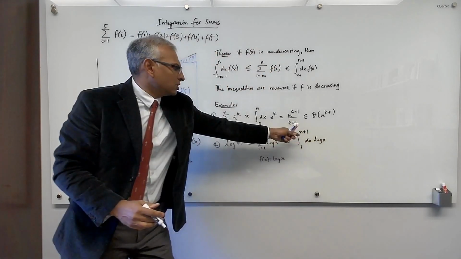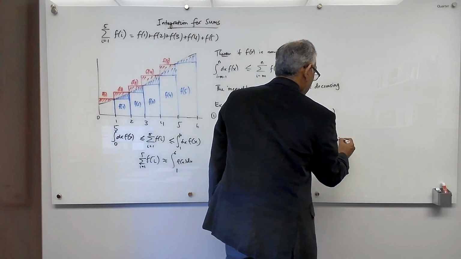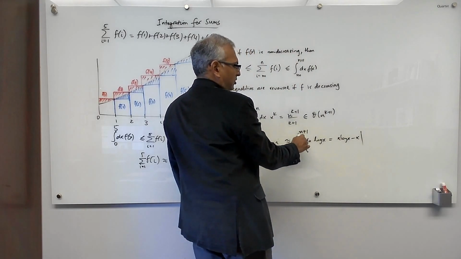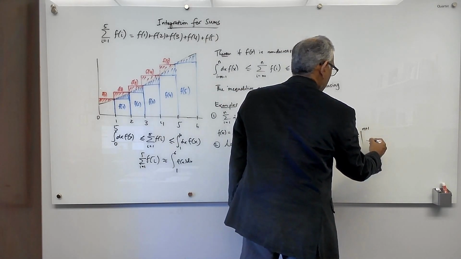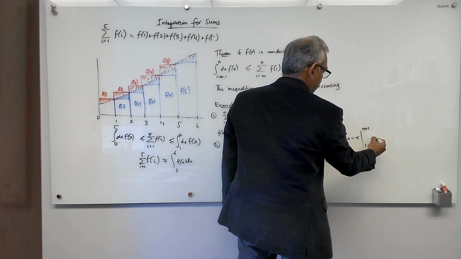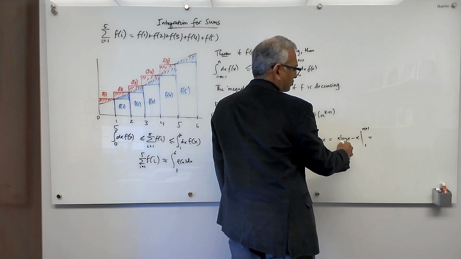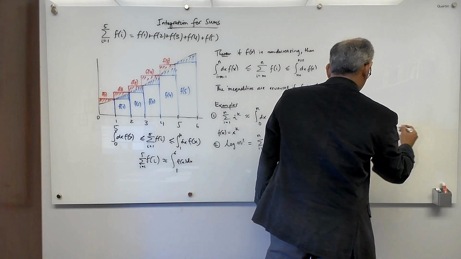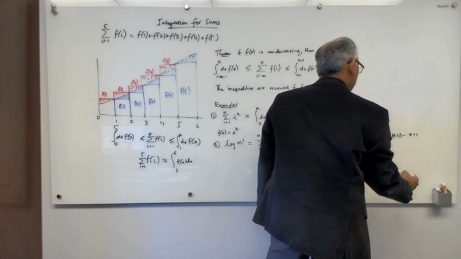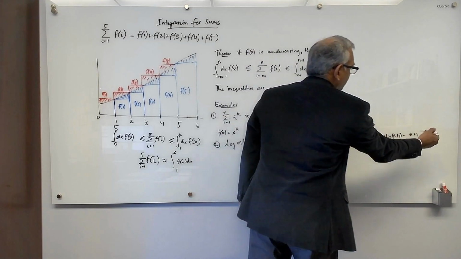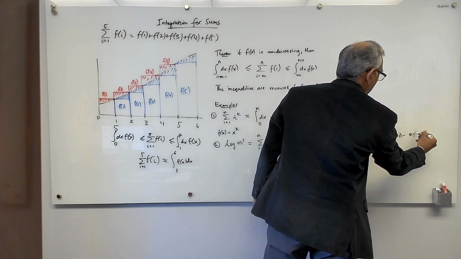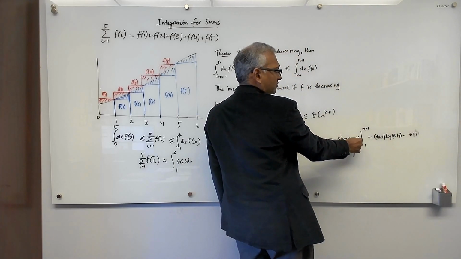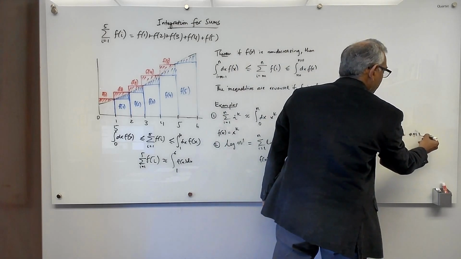And from calculus, we know how to do this integral. This is exactly x log x minus x evaluated at the endpoints n plus 1 and 1. So this is equal to (n plus 1) log (n plus 1) minus (n plus 1), and then minus the evaluation at 1, but log of 1 is 0, so you get a minus of minus 1, so plus 1.